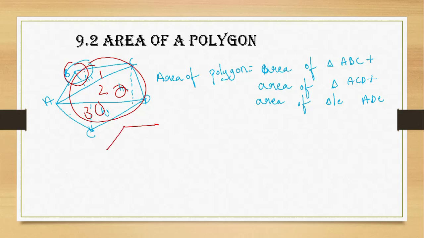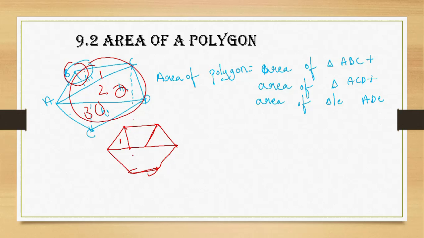So here we divide the polygon into 3 triangles and 1 trapezium. This is a pentagon, and this is one triangle, and this is one triangle, and this is one triangle, and this is a trapezium.